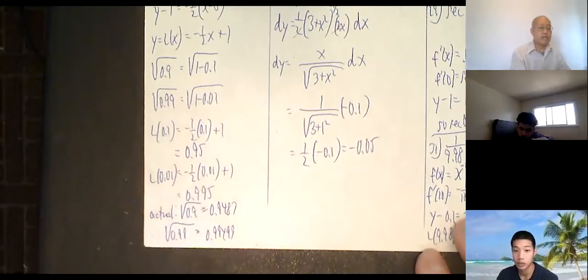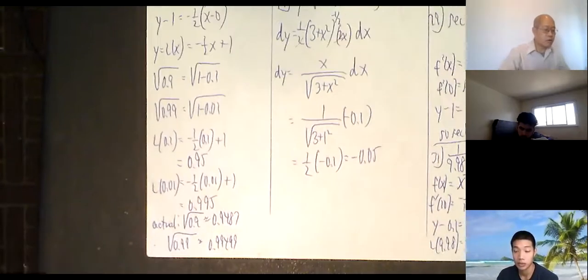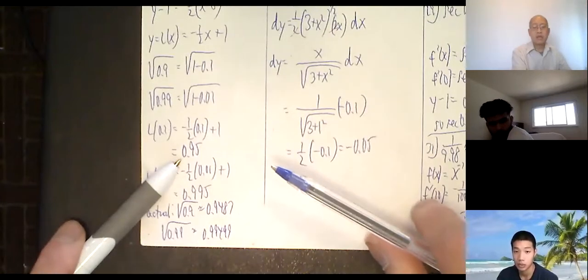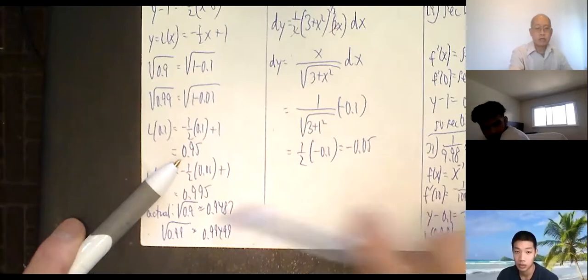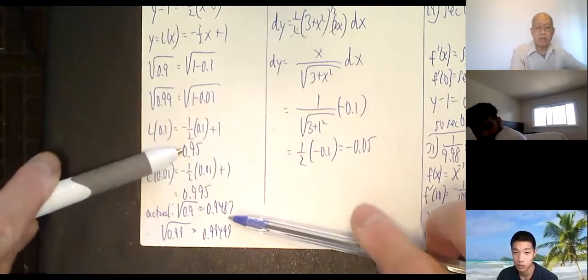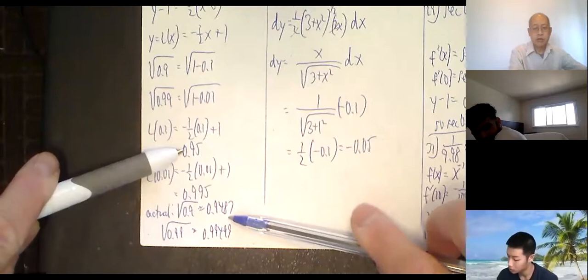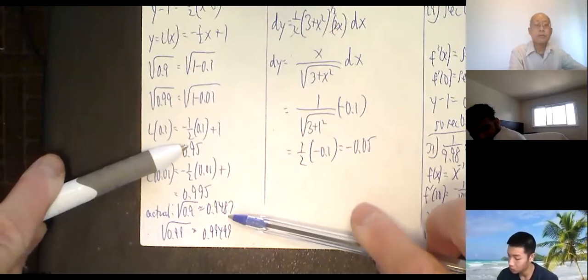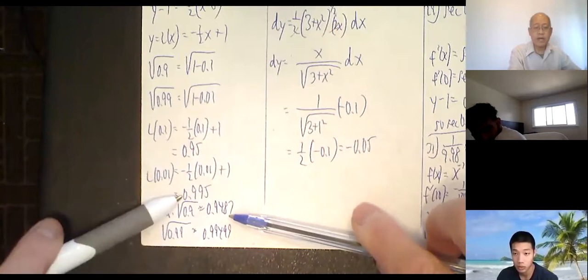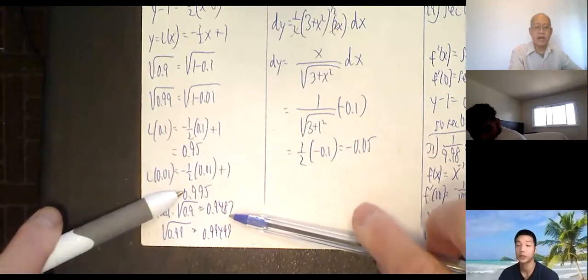The problem's actually finished, but I'll dig deeper. I actually punch out on my calculator the square root of 0.9, 0.9487. Look at our approximation. Pretty good. And this is even better. My approximation for the square root of 0.99 was 0.995.